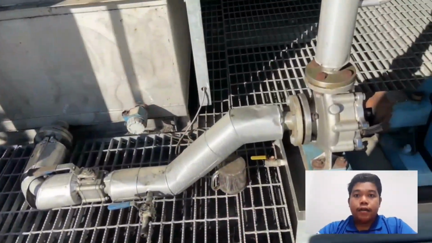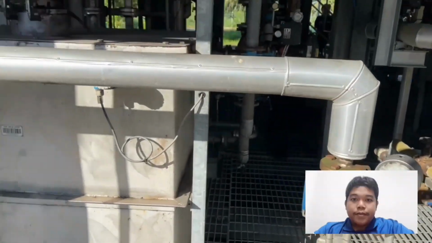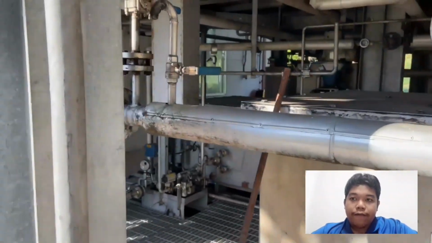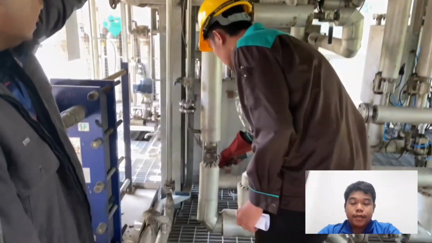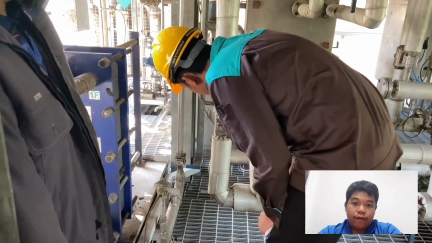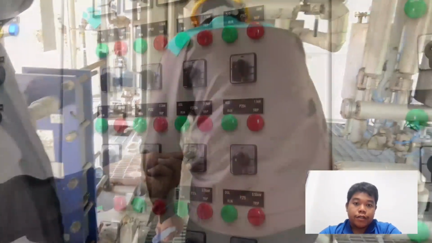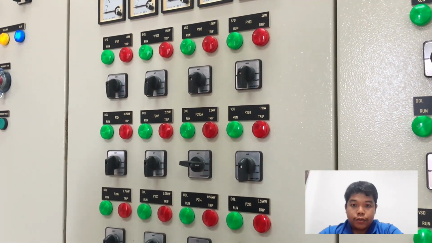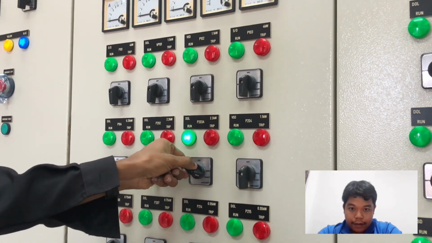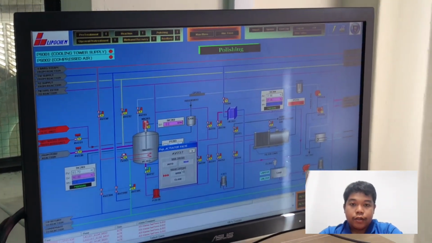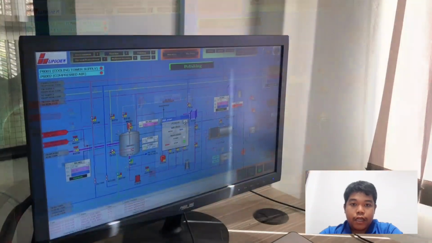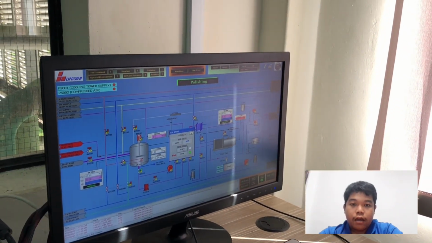Next, we go to the plant to track the pipeline before running the discharge process. After tracking, we need to open the valve on the pipeline for the discharge process. Besides the valve, we also have a pump, which is P203A. We need to switch on the pump at the control room from the PLC, and then switch on the P203A on the DCS until the green light is on the screen.